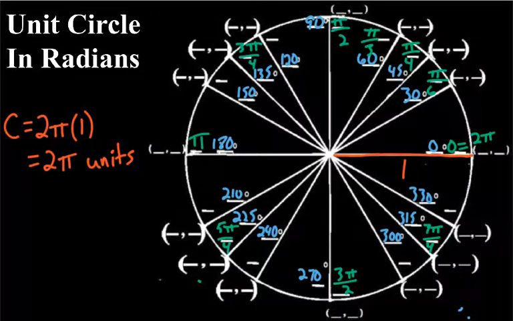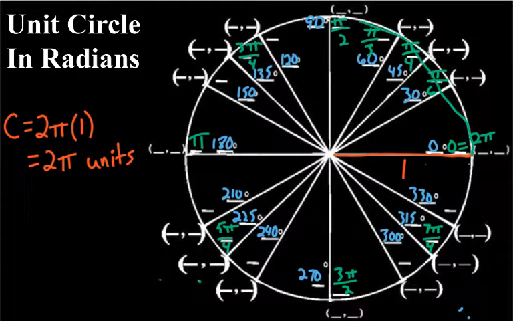Continuing on, adding another 30 degrees, we're at 90 degrees here. So we're at 2 pi over 6 plus another pi over 6 would be 3 pi over 6. 3 pi over 6 is also pi over 2.